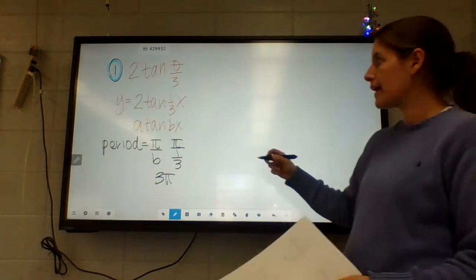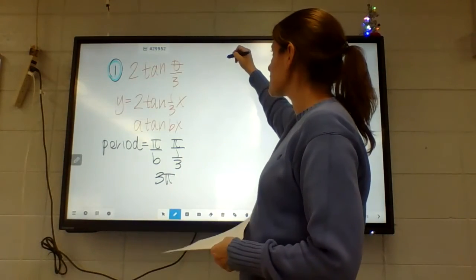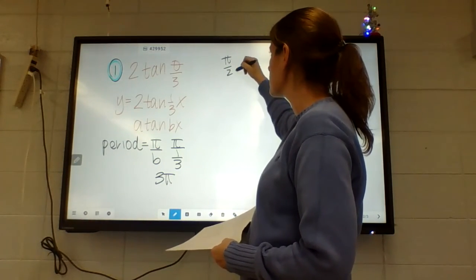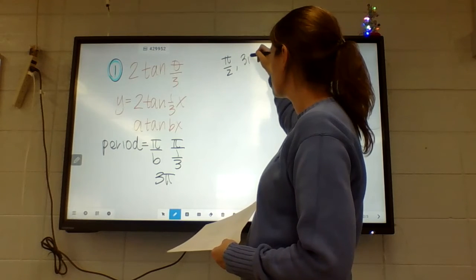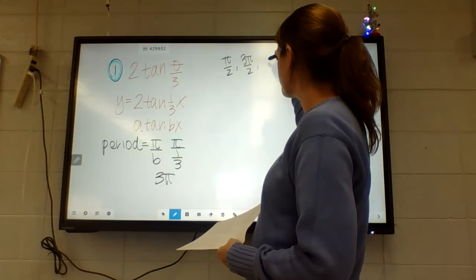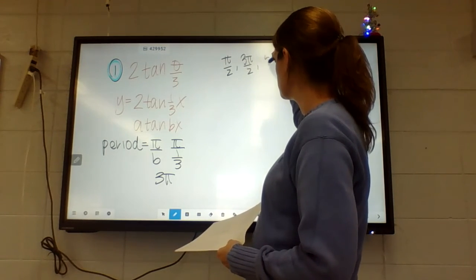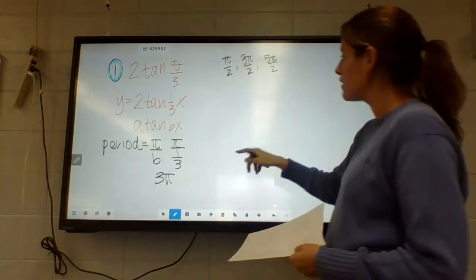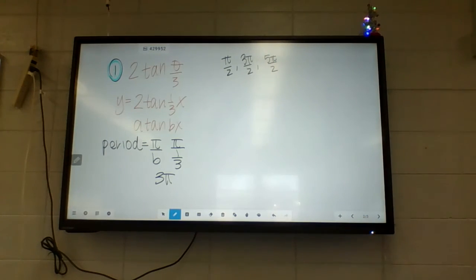Now normally tangent has asymptotes at the halves. However, this graph is 3 times as slow as another one. So where are the asymptotes going to end up being?